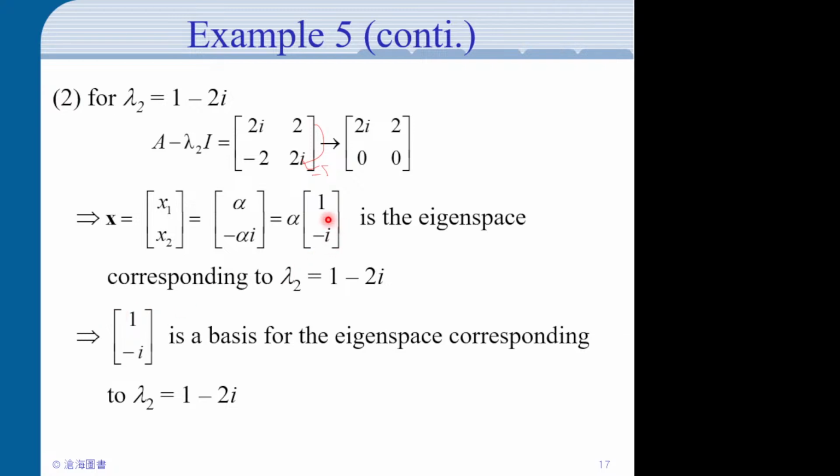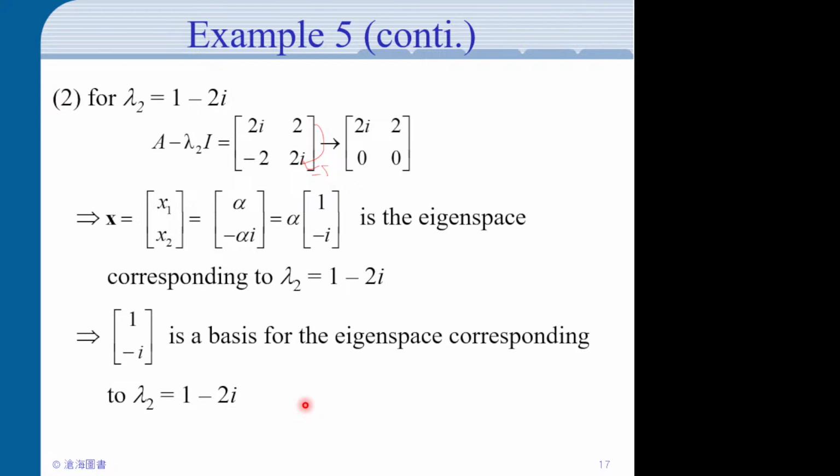And so this (1, minus i) is the basis for your eigenspace associated with lambda 2 equal to 1 minus 2i.